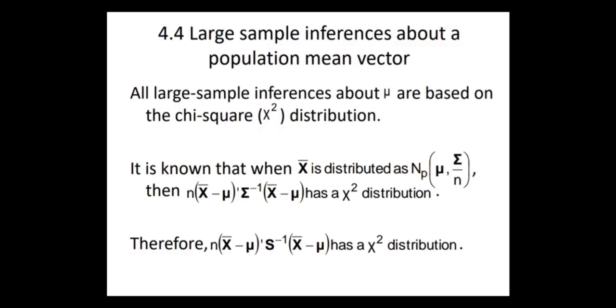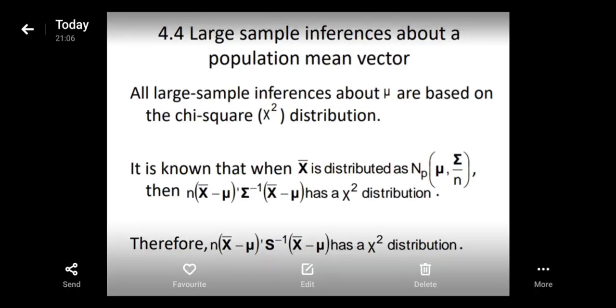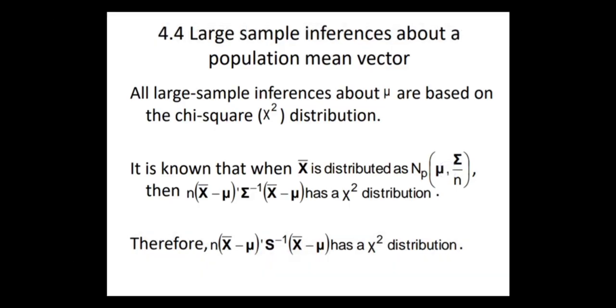From the previous chapter, you also remember this theorem, right? It is known that when X bar is distributed with a normal population with mean vector mu and covariance big sigma divided by n, then this term, which is the square distance, will have a chi-square distribution.